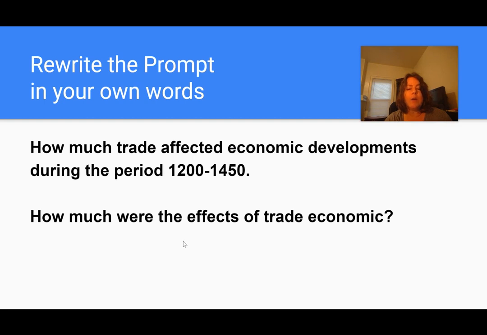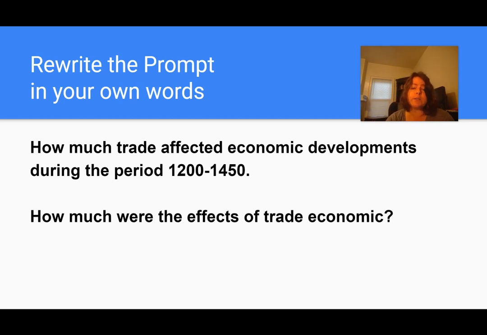Maybe they were fully economic. Maybe you're going to have some documents that show some political, cultural, or social effects of trade. The documents are going to lead you as to how to answer this. But the first step is to understand it.